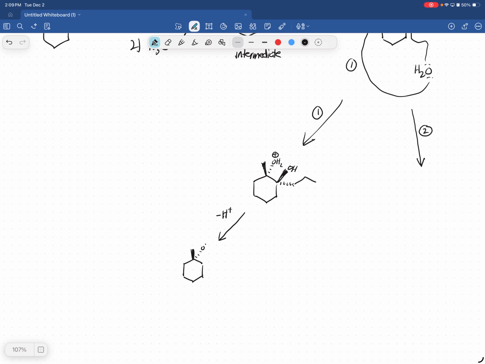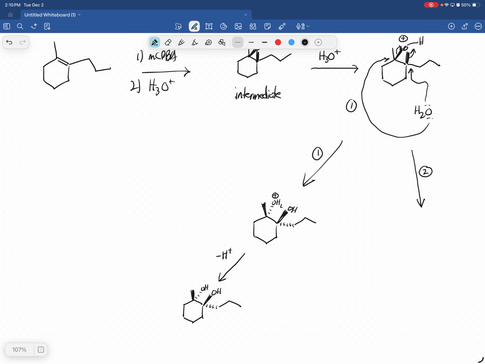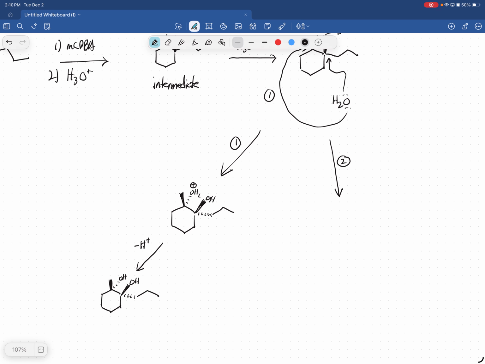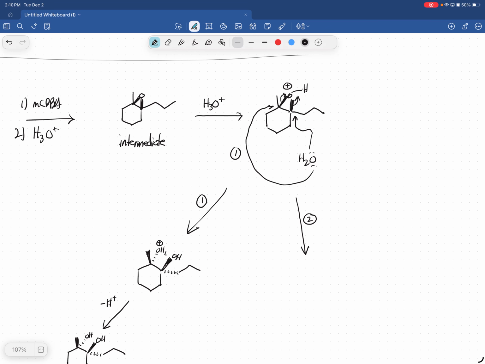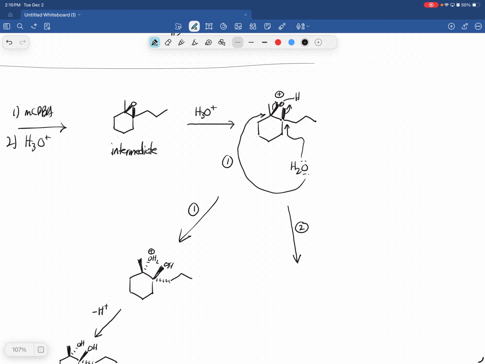I still don't understand where that alcohol comes from. Which one? On that one. This one? Yeah, because when you break open the ring, you should have only one alcohol, right? No, remember there's also the epoxide there. You know, there's this central oxygen right here. See right here? Yeah. That one is right here.